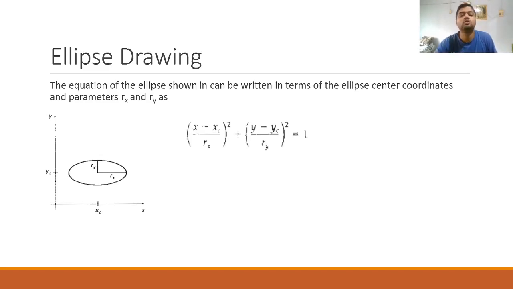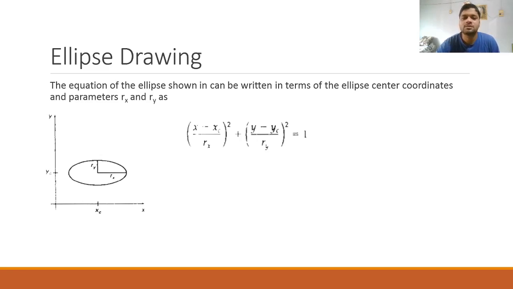So if I know rx and ry, and the center coordinates are set as xc and yc respectively, then I can rewrite the ellipse equation in this particular form: (x minus xc) divided by rx, the whole square, plus (y minus yc) divided by ry, the whole square, equal to 1, where rx and ry typically are the major and minor axis.